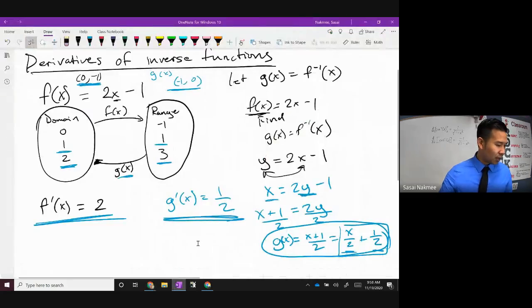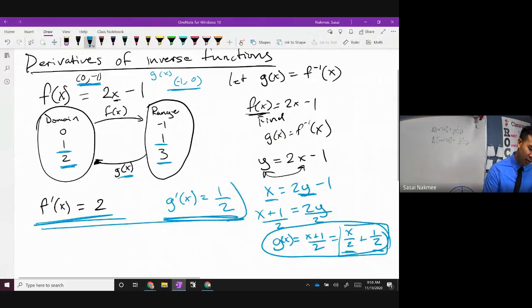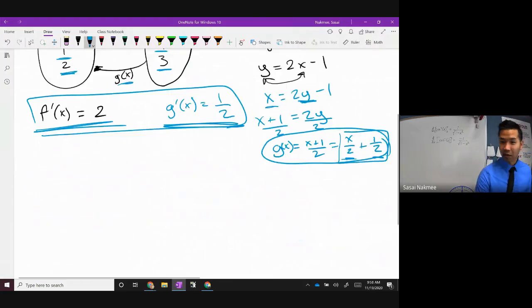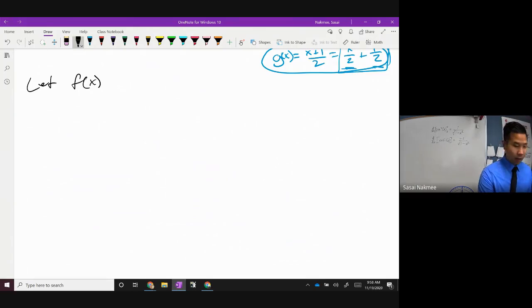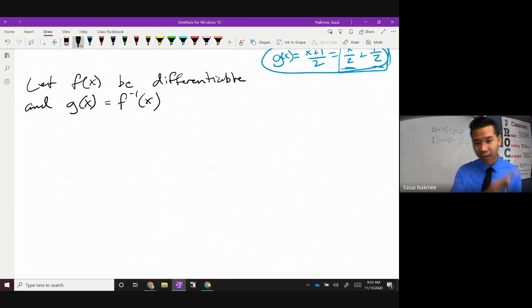So how does that lead to this whole thing here? There's a connection between this derivative and that one right here. So let me just give it to you right now. Here's the deal. Let f of x be differentiable and g of x equal the inverse of f of x, like we did earlier.